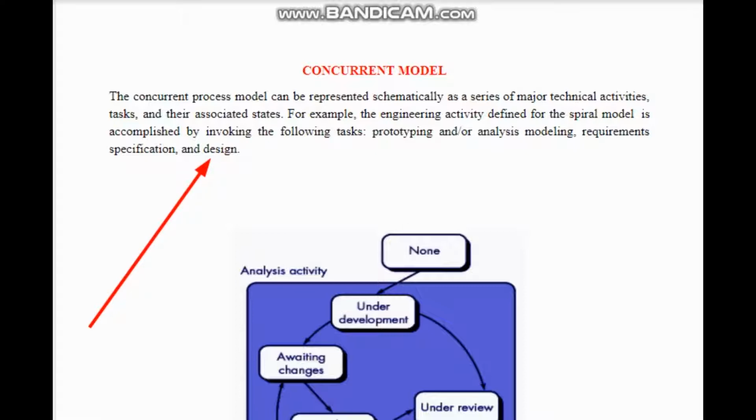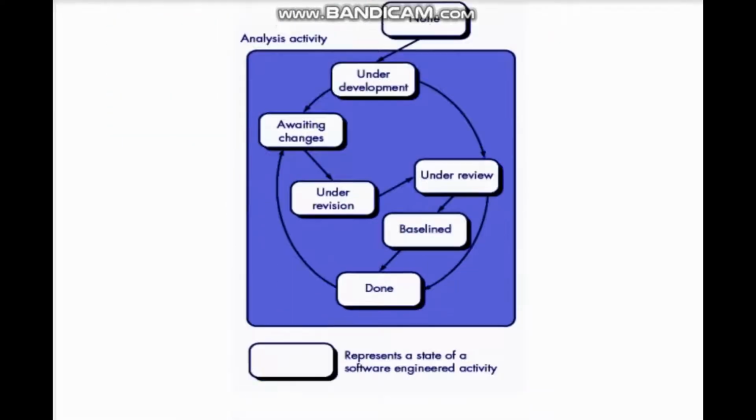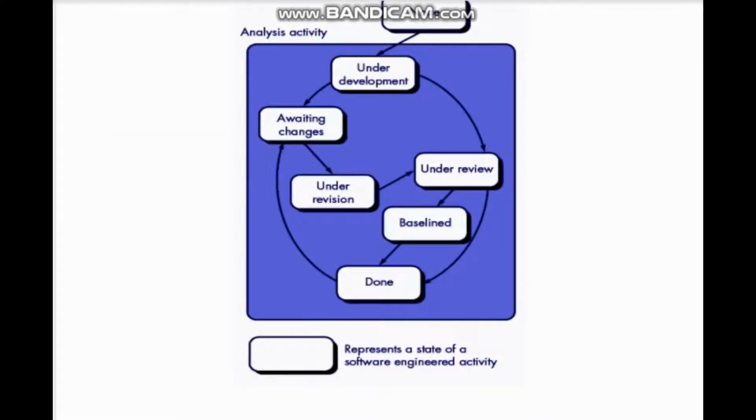These activities were carried out when we wanted to exhibit the spiral model. Alike that, in concurrent model, all the modules, or the entire software product, is considered as a set of activities which has to undergo certain steps.